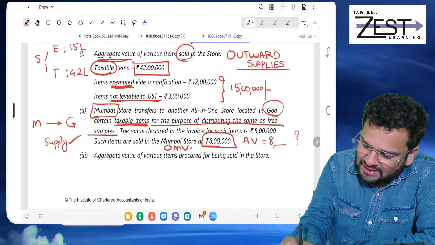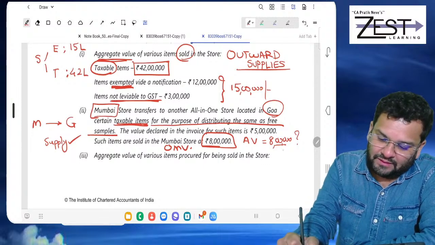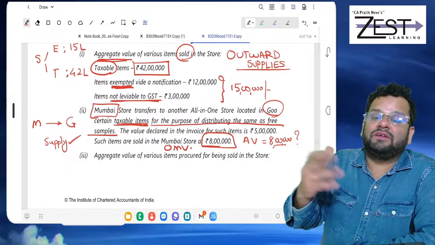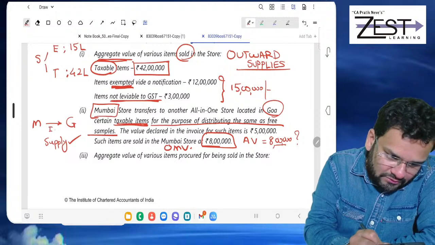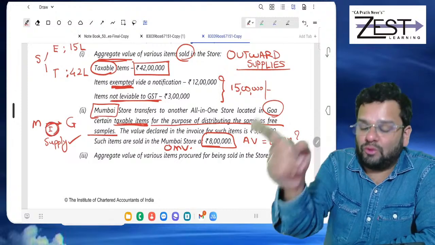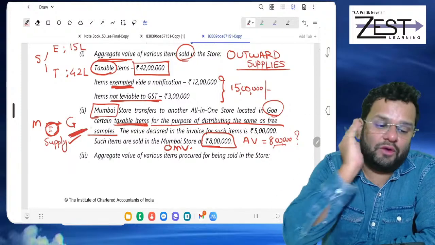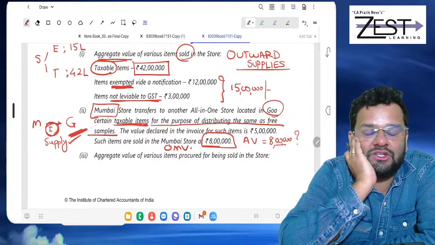So can I say 8 lakh is the assessable value? Yes. In this case, you may also take the value declared in the invoice, whatever value is declared here in the invoice, that also may be taken, but provided the opposite party, that is this Goa unit, would have been eligible for ITC.